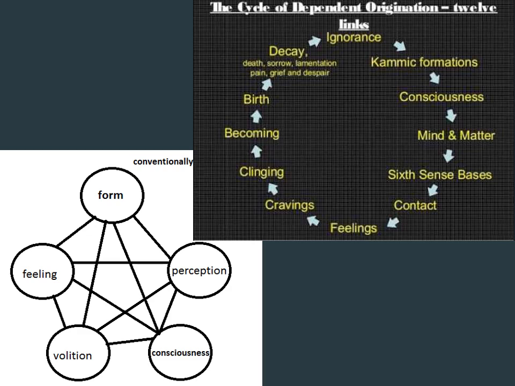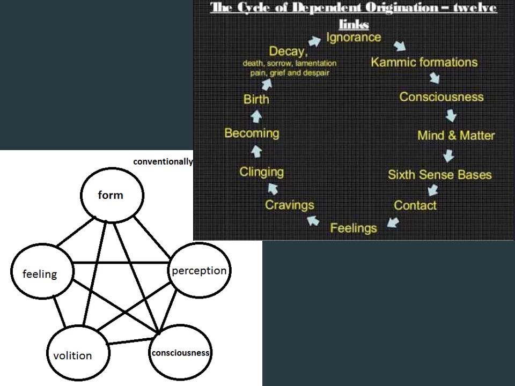So basically what we're saying here is that in the simpler manner, we talk about the 5 aggregates, as we can see here: form and mind, consisting of feeling, perception, volition, consciousness. This 5 aggregates are the breakdown of what we call a personal experience or a so-called self.